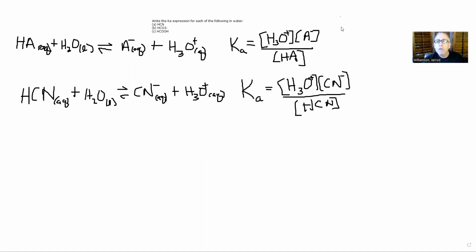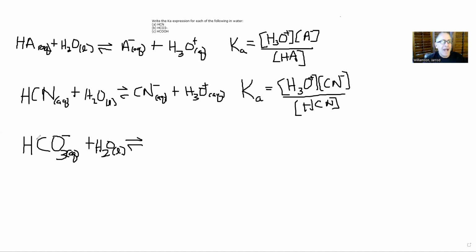Okay. Next, HCO3 minus. So I've got HCO3 with a minus charge, aqueous, plus water, liquid. This could act like either an acid or a base.